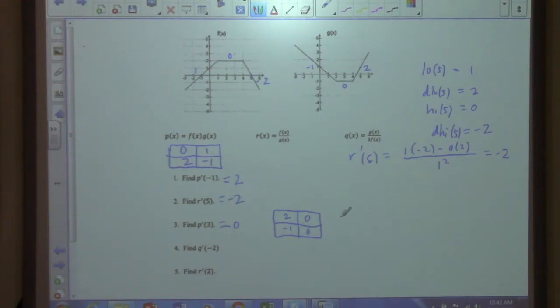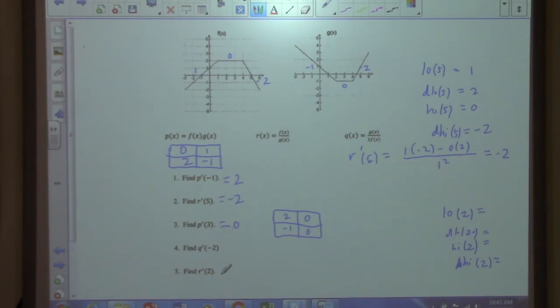And then r prime of 2. We'll put low of 2, d low of 2, high of 2, d high of 2. That's not very good looking, right? We just write these.